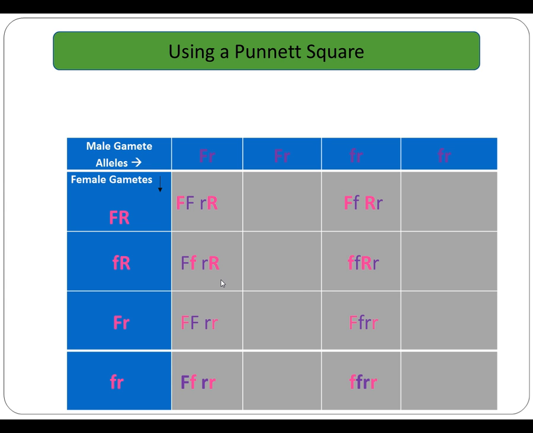Moving to the third row, the first column, we would say this combination is homozygous dominant for freckles, but for tongue rolling they are recessive. And then the first column, last row, is heterozygous for freckles and also recessive for the tongue roller type.